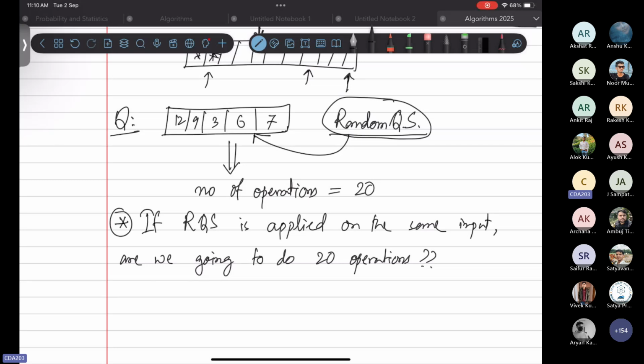This is a very important idea. One time you applied it and saw that you did 20 operations, and then you apply again. So my question is, are we going to do the same number of operations again? Yes or no?